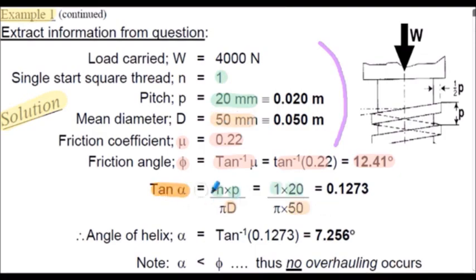So tan of alpha is 0.1273. From the inverse tangent, the helix angle is 7.256 degrees. Note in this case that alpha is less than phi, so from our previous work, no overhauling will occur. In other words, the load will not lower freely under its own weight.